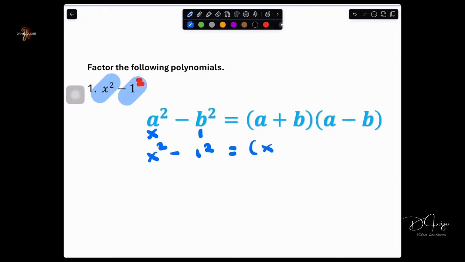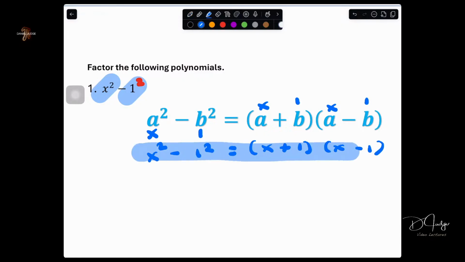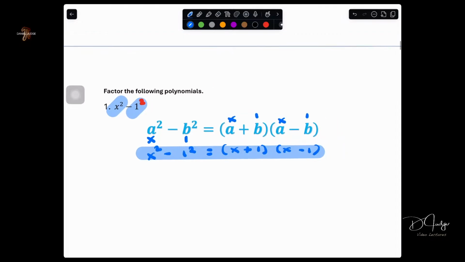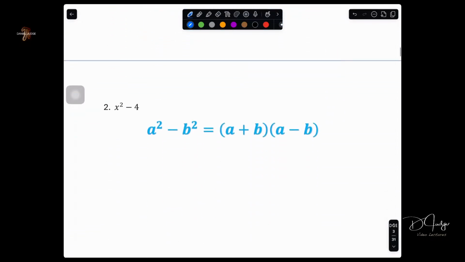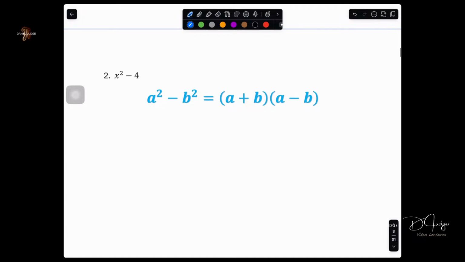And so when you factor, this will be x plus 1 times x minus 1. Just go back and let the value of a and b be what it should be. So there you go. It's the first special factor. And this goes back to beginning algebra. Okay. And we're going to do this over and over again.